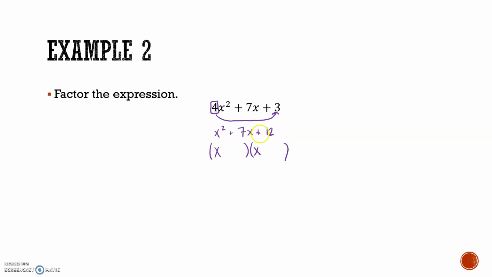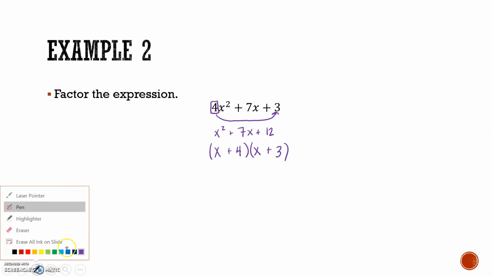What multiplies to 12 and adds to 7? 4 and 3. And then what signs am I going to use here? Because this is a positive, they're both going to be plus. So am I done? Nope. I got to go back now. Oh man. And I got to divide by what I multiplied by at the beginning.